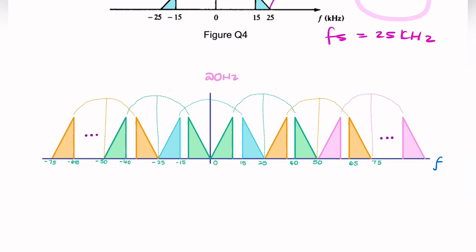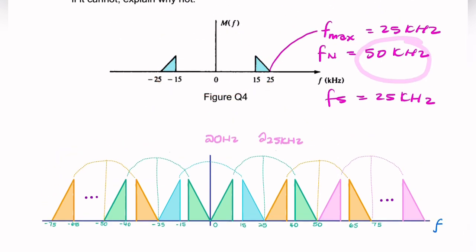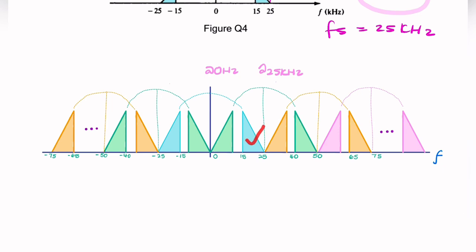We then have a pair centered at the sampling frequency, 25, so at 25K. We have the same spectrum here, so these two, but shifted to be centered at 25 kilohertz.